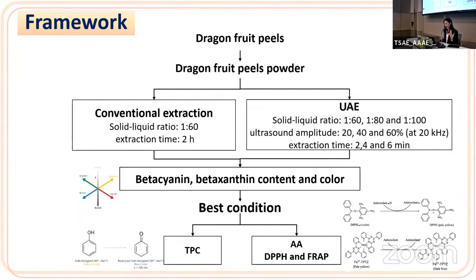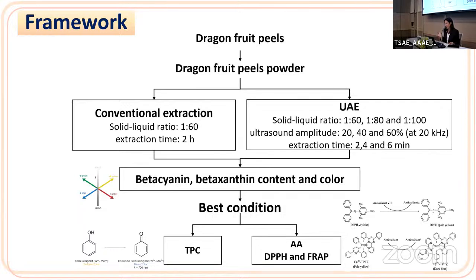For the conventional, we use maceration at a solid-liquid ratio of 1 to 60 for 2 hours. And for UAE, we use several treatments, with solid-liquid ratio from 1 to 60 to 1 to 100, and amplitude at 20 to 60% at 20 kilohertz, and extraction time of 2, 4, and 6 minutes.